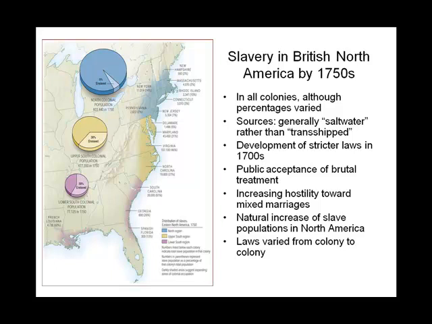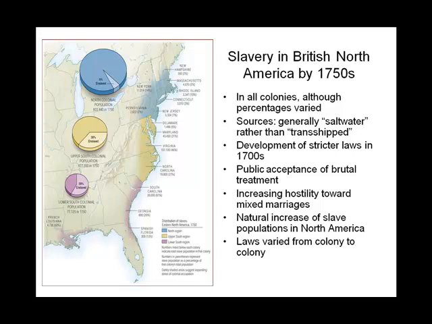By the early 1700s, you're seeing fewer indentured servants coming in. And after the Royal African Company lost their monopoly on the slave trade, you see more and more Africans being brought into the colonies, so that you have kind of a reinfusion of African traditions and culture and values when you have this larger group of Africans coming in the early 1700s.